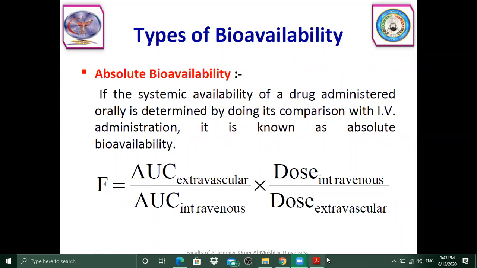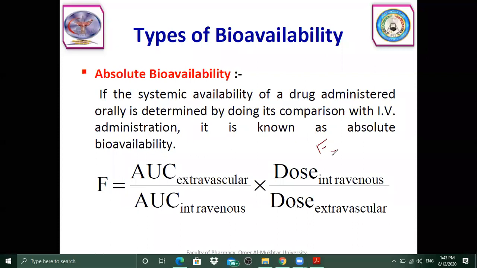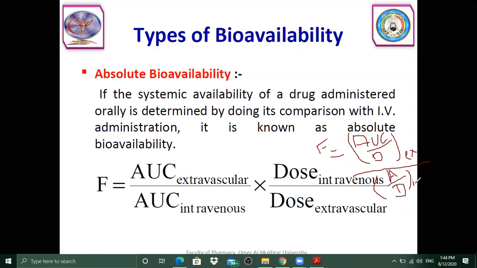Okay, so just now I told you it will be like F of AUC. It's so difficult to write with this. AUC upon dose D, I'm just indicating D, of extravascular, upon AUC, for AUC I am just writing A right now, A upon D of IV.